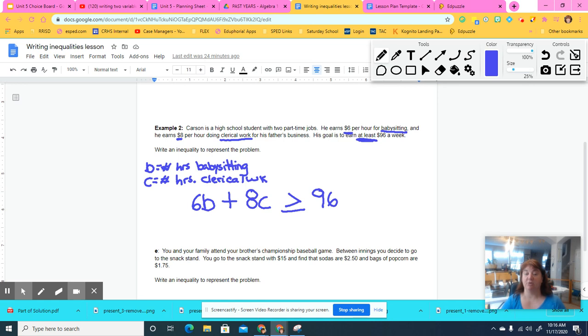Again, in our next lesson, we'll graph this and see the solution sets, how many hours of babysitting with how many hours of clerical will help him reach his goal. There are different combinations, and that's why graphing it lets you see the various combinations.